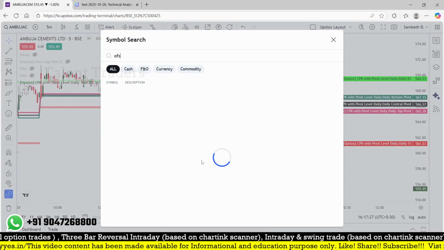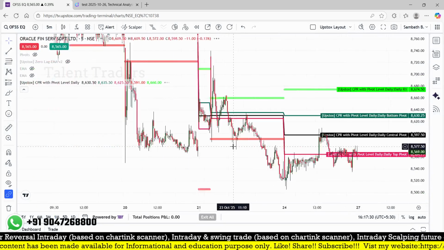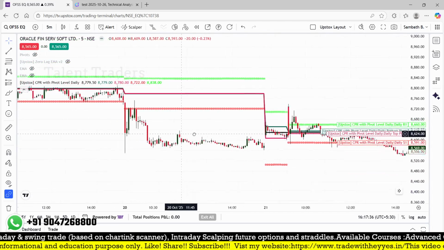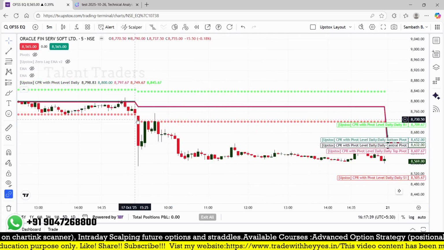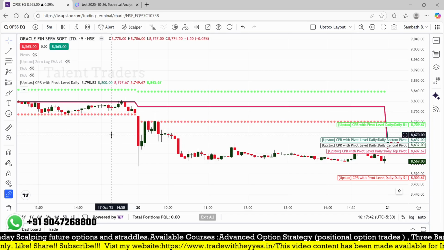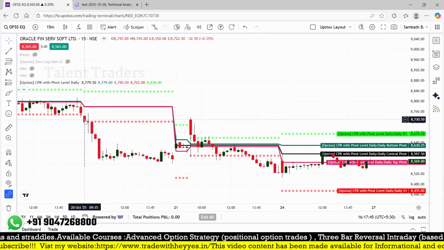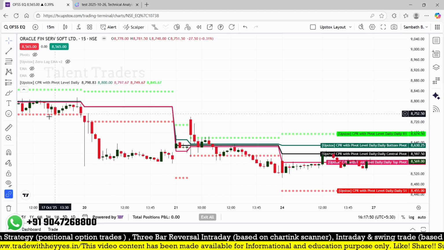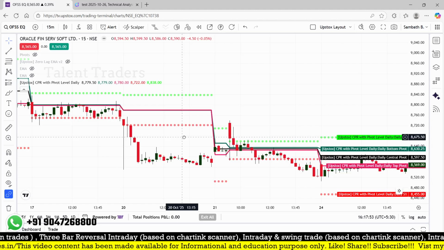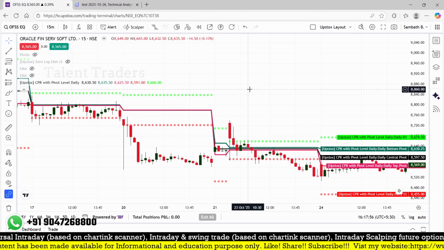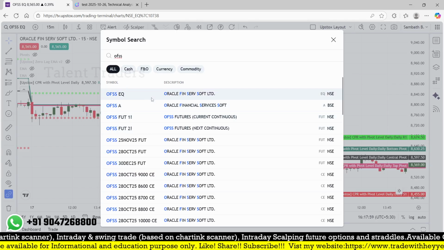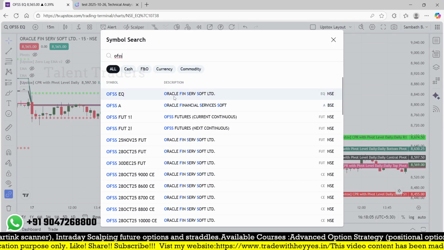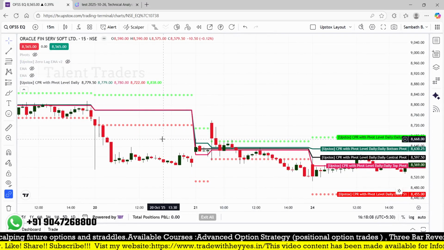Let me check whether the scanner is working or not. 20 October. This is the 20th October. In 15 minutes, this is the candle. So maybe open here, it is slightly higher. Sometimes a chart person feels only 20th October.